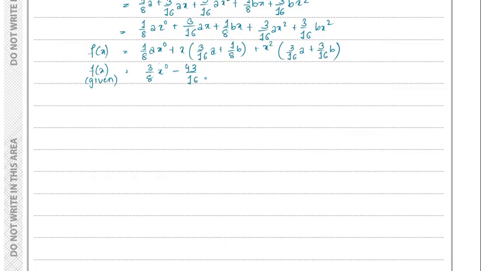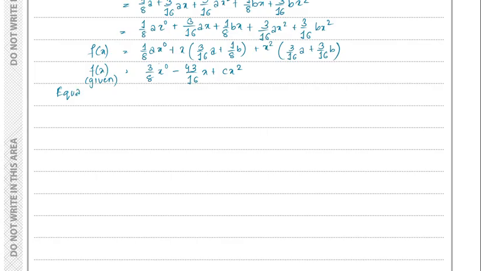I'm writing x to the power 0 because we are going to equate the coefficients of x to the power 0, x, and x squared to find the values of a, b, and c.